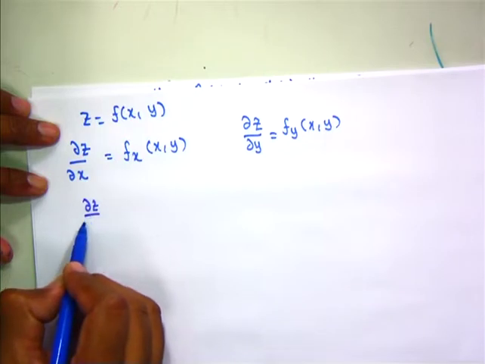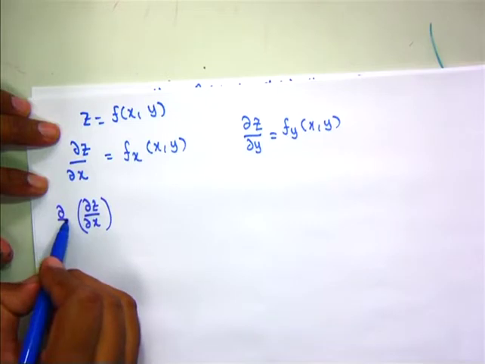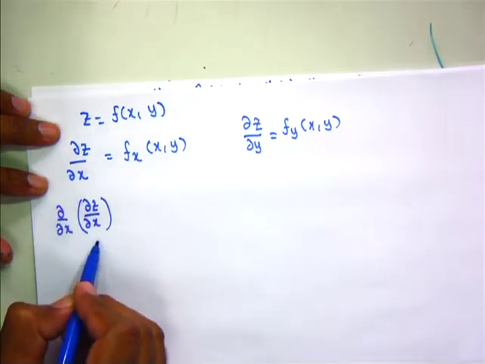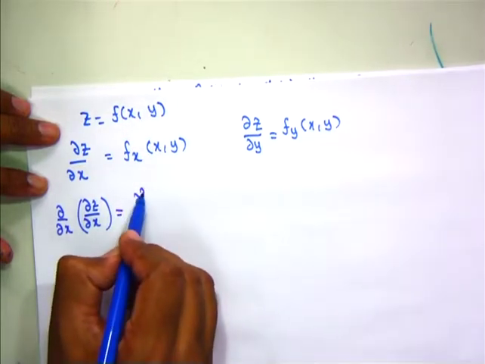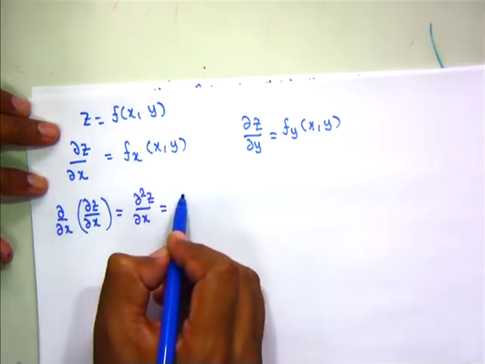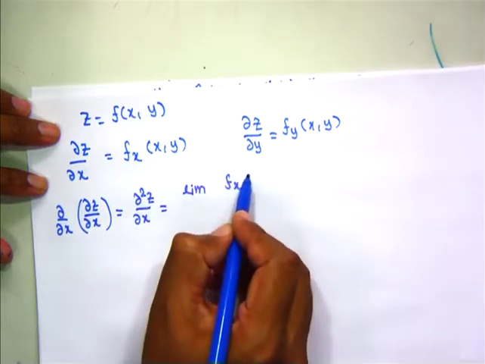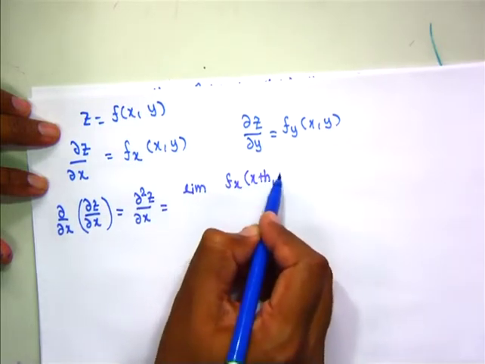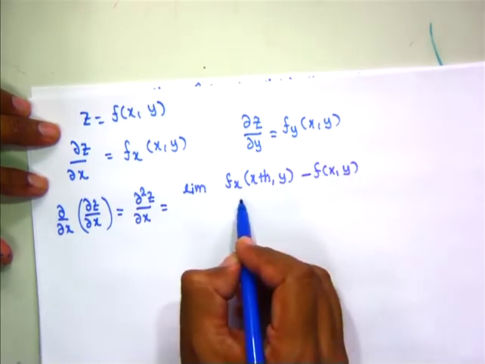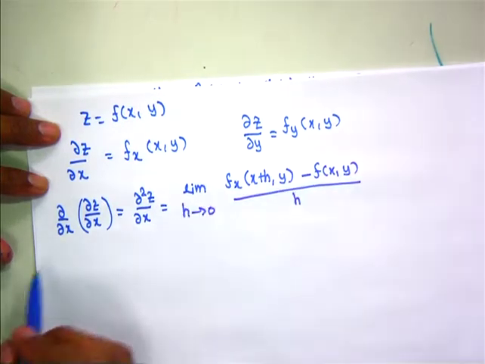This del z by del x can be differentiated with respect to x, so we can take del by del x of del z by del x, which simply becomes del square z by del x square, and it is defined as the limit of fx(x+h, y) minus fx(x,y) upon h as h tends to 0.